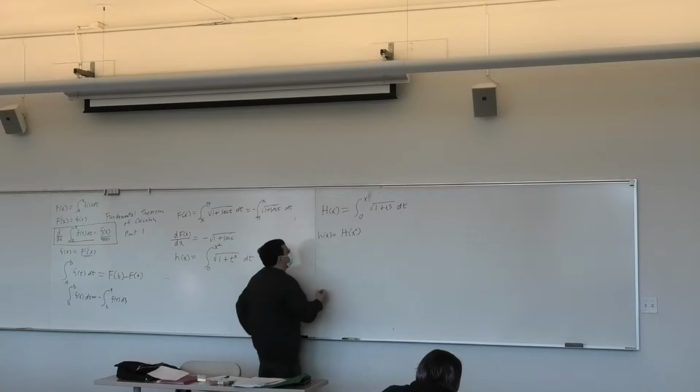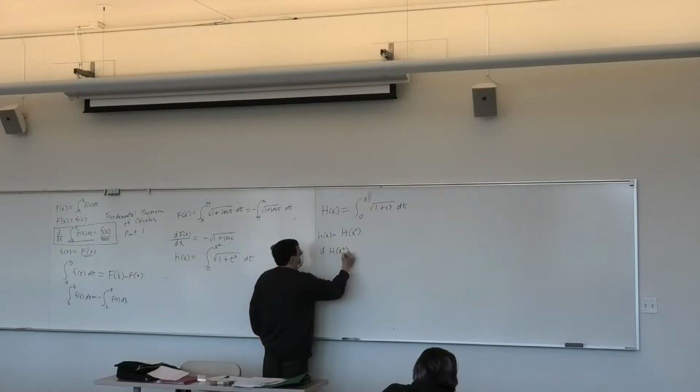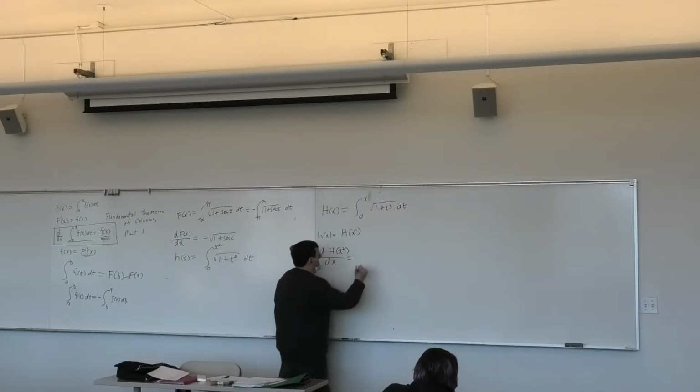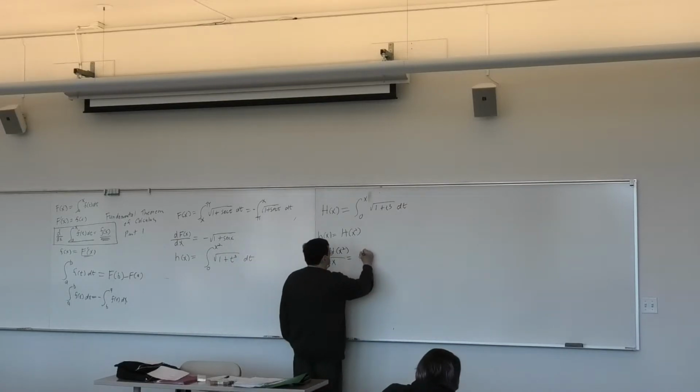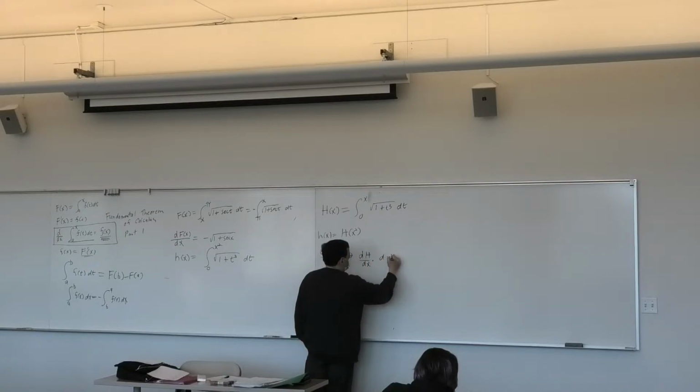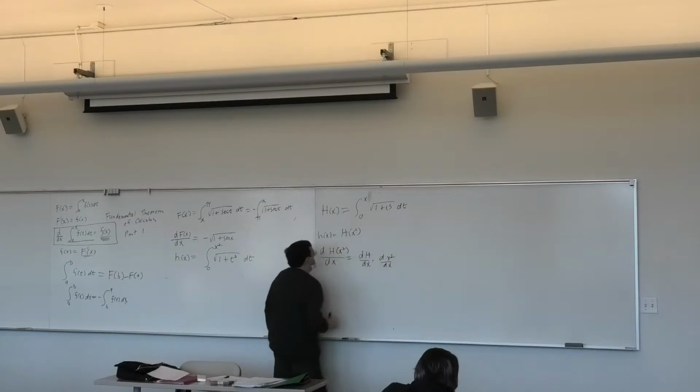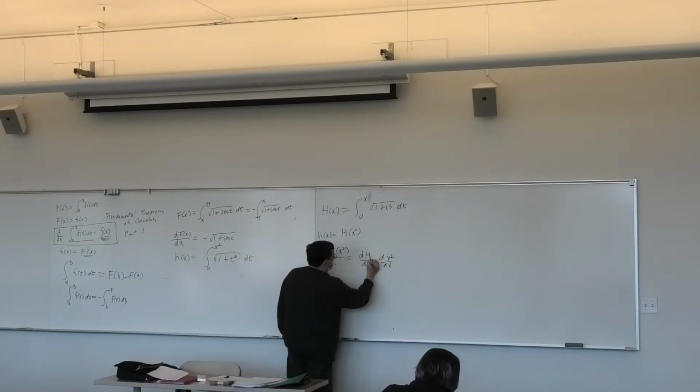All right, so I want to find the derivative of capital H of x squared. What does the chain rule tell me? That's dH/dx times d(x squared)/dx. Well, the dH/dx, I guess I could say at x squared, we know what this is. We've been doing these.